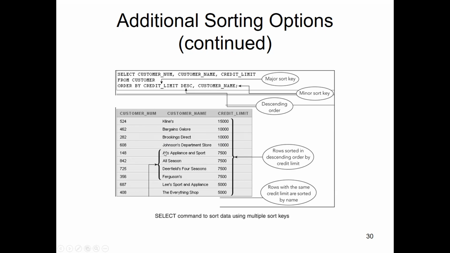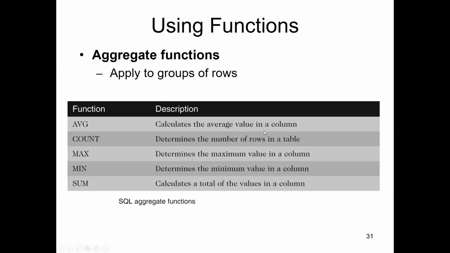See, this A is only sorted within the 7,500s because otherwise it should have been before J, right? But no, because the major sort was on the number. So we sorted all the numbers. Then within the numbers, if they're the same, then we sort by alphabetical on the customer name. So that is a major sort applied and a minor sort.